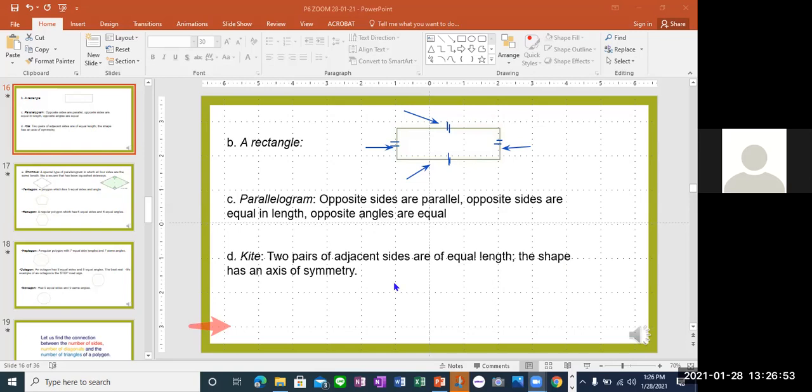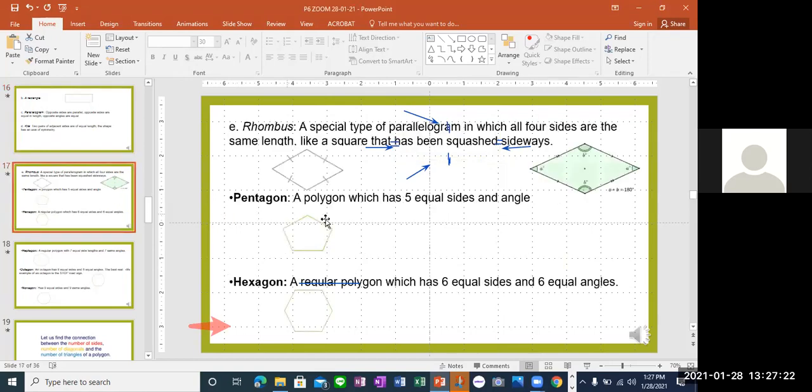This is what we call axis. And when we say symmetry, we are talking about the same size or shape. They are equal in shape and size.